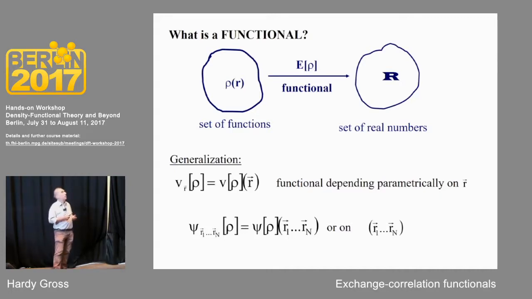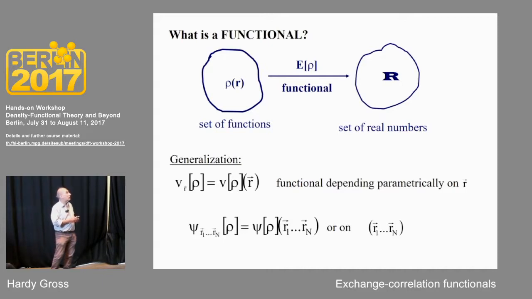There's a generalization of this term that we always use in the field of DFT, that the functional may depend on a set of parameters, which I put as an index here or in parentheses afterwards. That means that if you fix these parameters, then each function rho of r is mapped to a number, but the number into which you map it depends on the parameters. There may be many parameters.